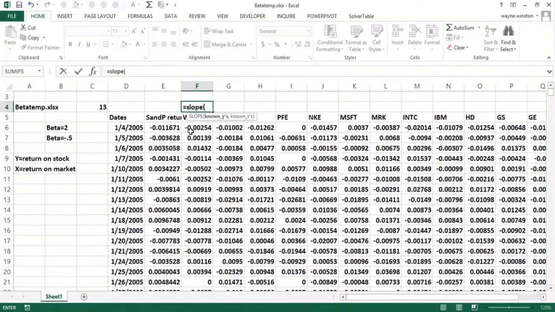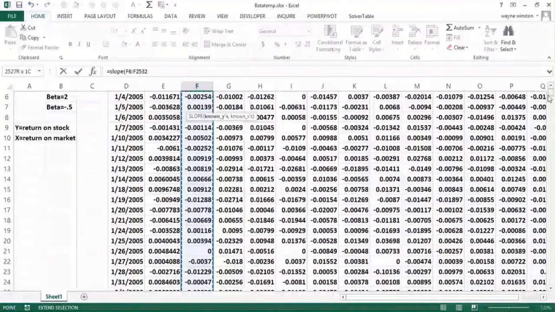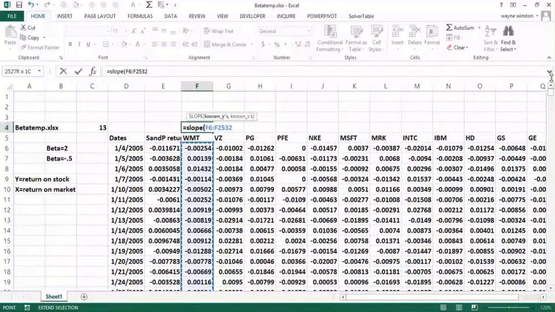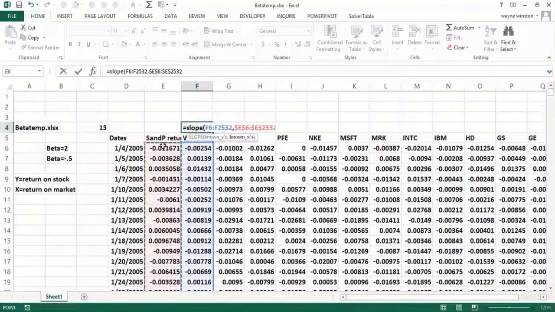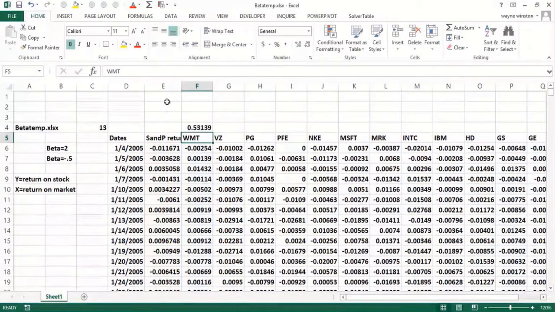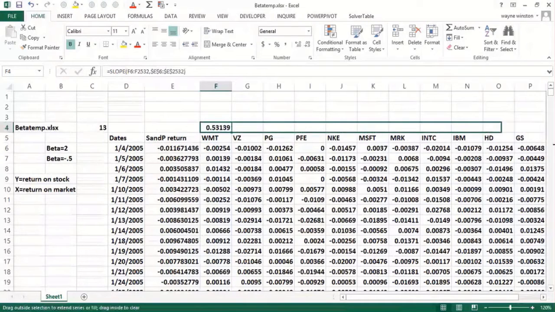You're trying to predict the return on the stock, then put a comma, and use the X variable as the return on the market, but you need to dollar sign that, because when you copy it across, you always want to be pulling the return on the market. If I copy that across, I will have all the betas.